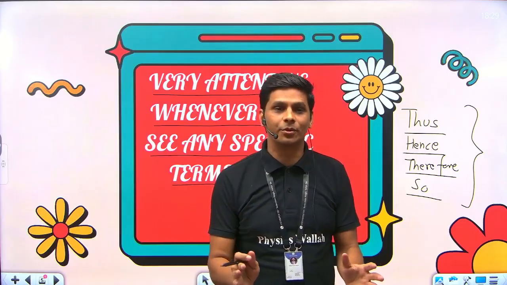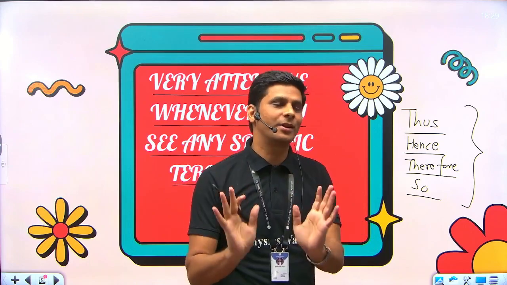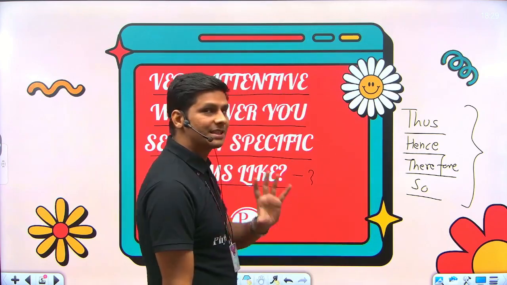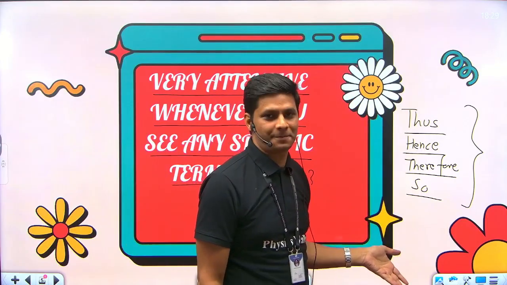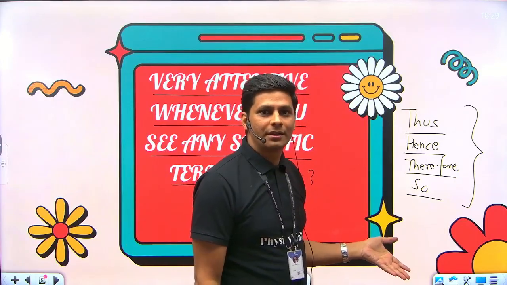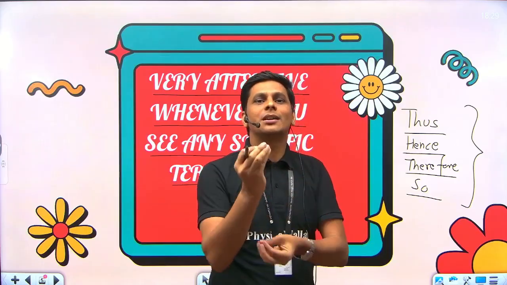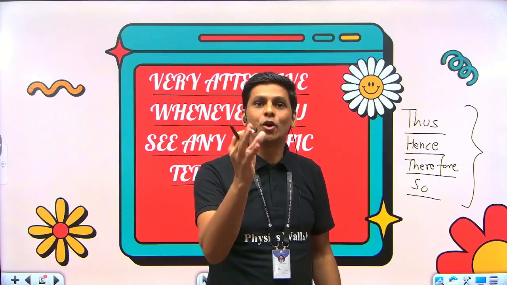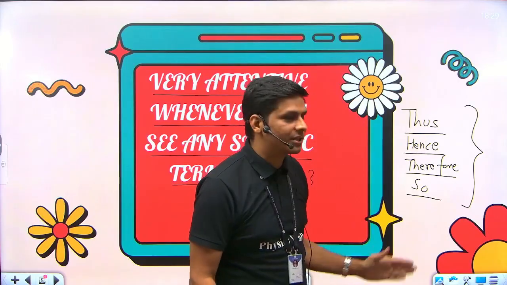Again, I am telling you, reading NCERT is one part, but in what effective way you are reading is equally important. So when it comes to specific terminology like thus, hence, therefore, so, it means that the paragraph is leading to a concluding factor, and your attention should get two or three times sharper the moment you notice such terms.